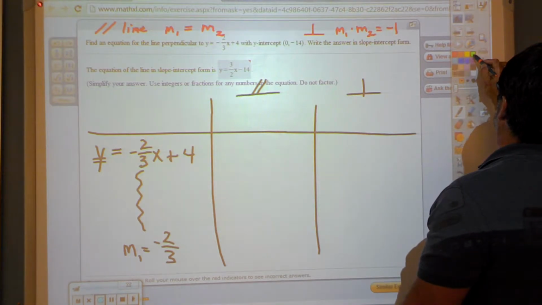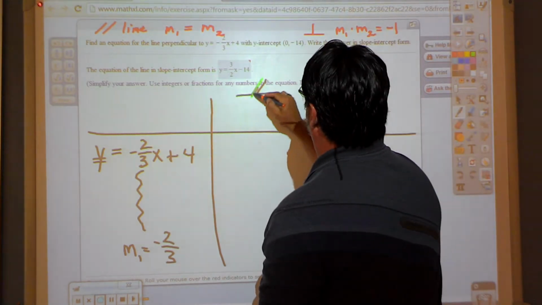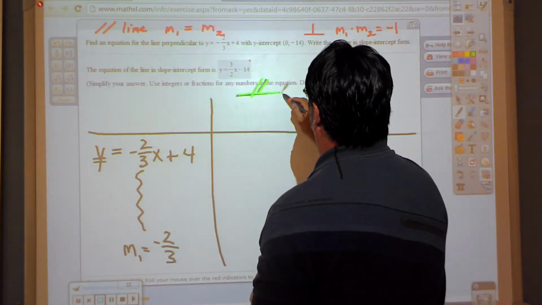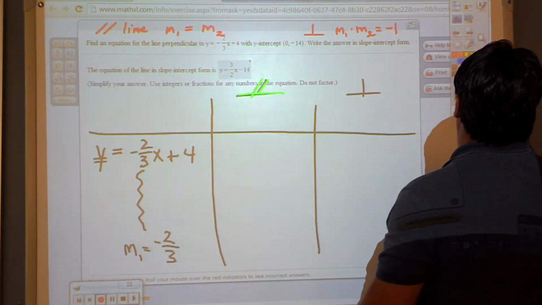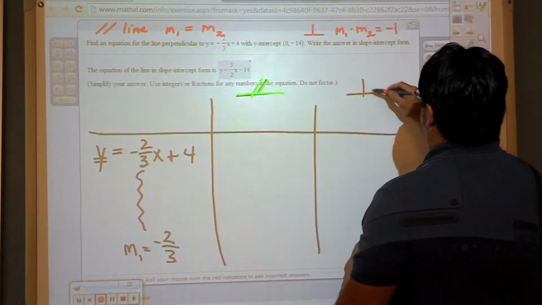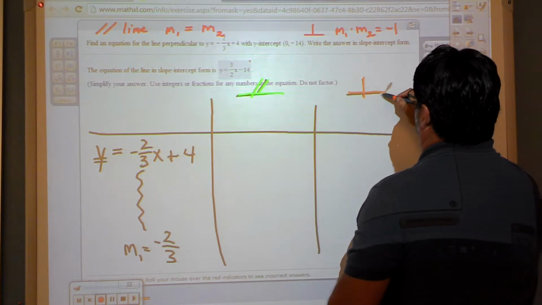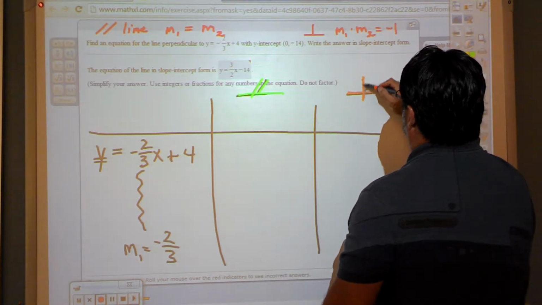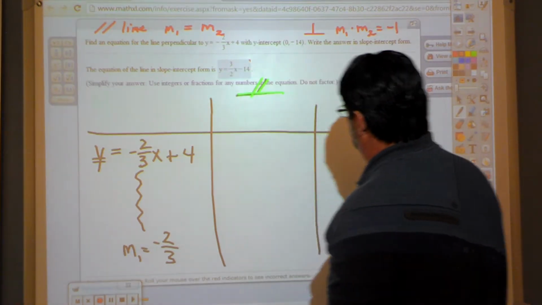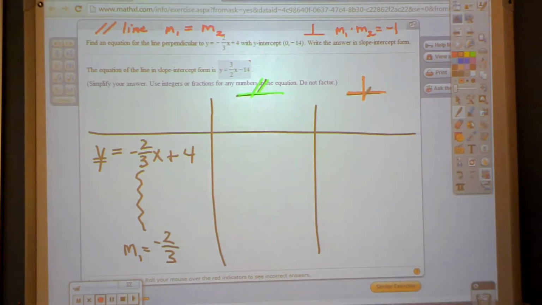I'm going to make this one green. And I'm going to make this one orange. Okay, so my perpendicular is going to be orange and my parallel is going to be green.